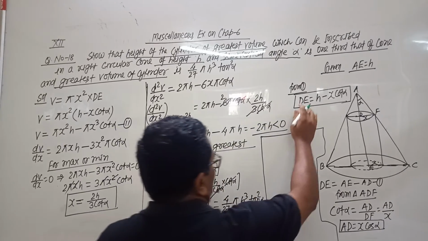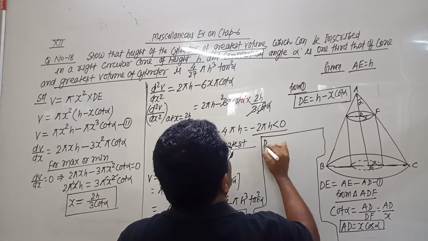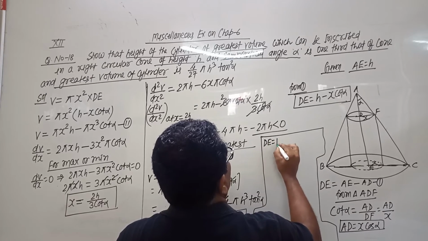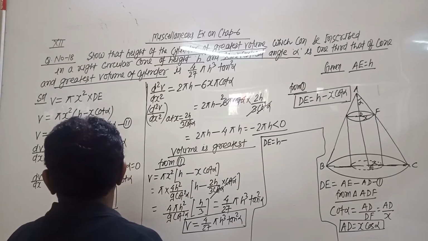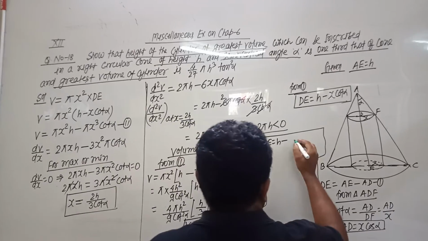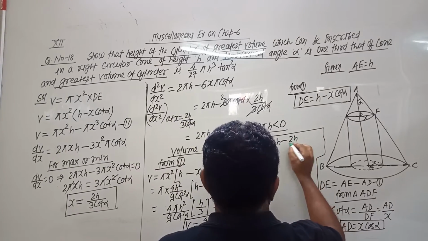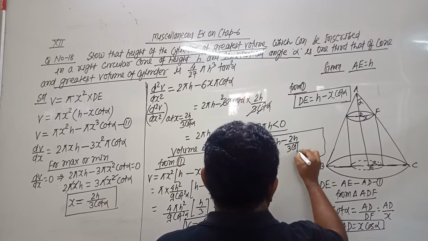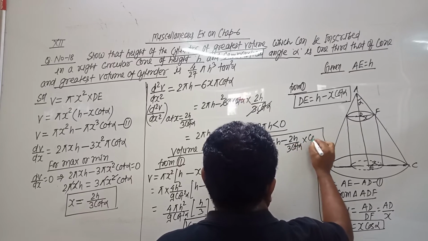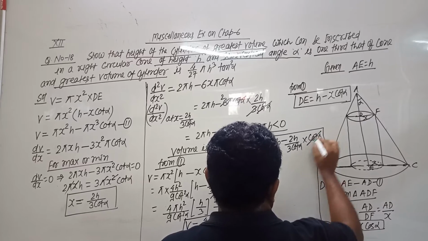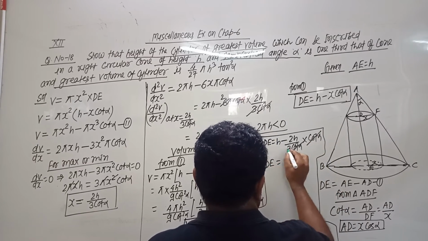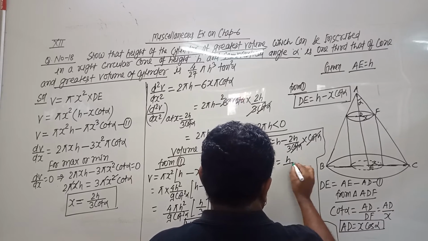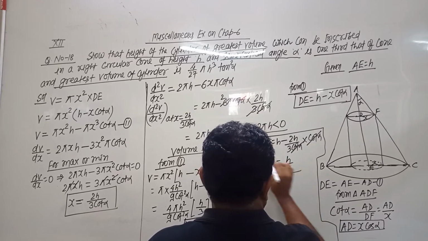So the height of the cylinder is d equals h minus x cot alpha, and the value of x is 2h by 3 cot alpha into cot alpha. Cot alpha and cot alpha get cancelled, and it comes 3h minus 2h, h by 3.